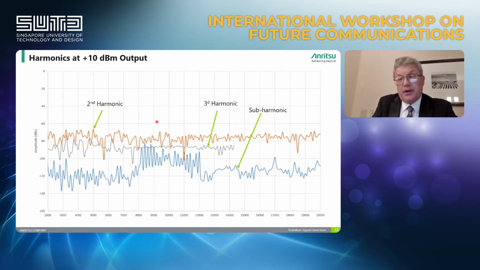Also, we have very good harmonic suppression due to using very sophisticated switch filter banks. The second harmonic is below -60 dBc, and the third and higher harmonics are even lower, including subharmonics, which are better than -80 dBc. So harmonic-wise, we also have a very clean signal.